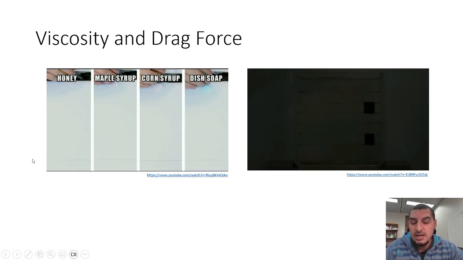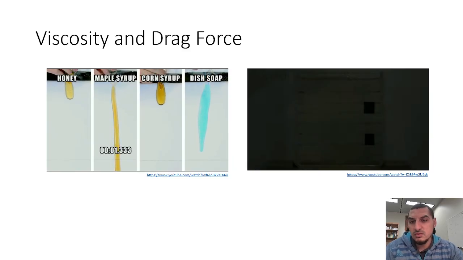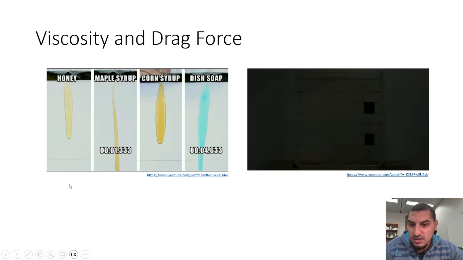Equal amounts of the 4 fluids are being poured at the same height, and we are now monitoring how fast the fluids are flowing. You can see that they are not all flowing with the same speed, despite all being liquids. The honey is traveling at lower speed than the maple syrup and dish soap, and the corn syrup and honey are the slowest.